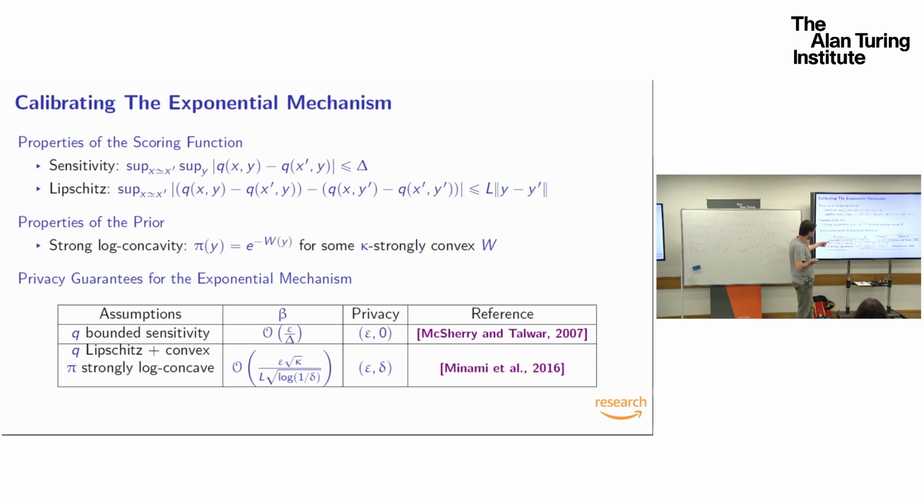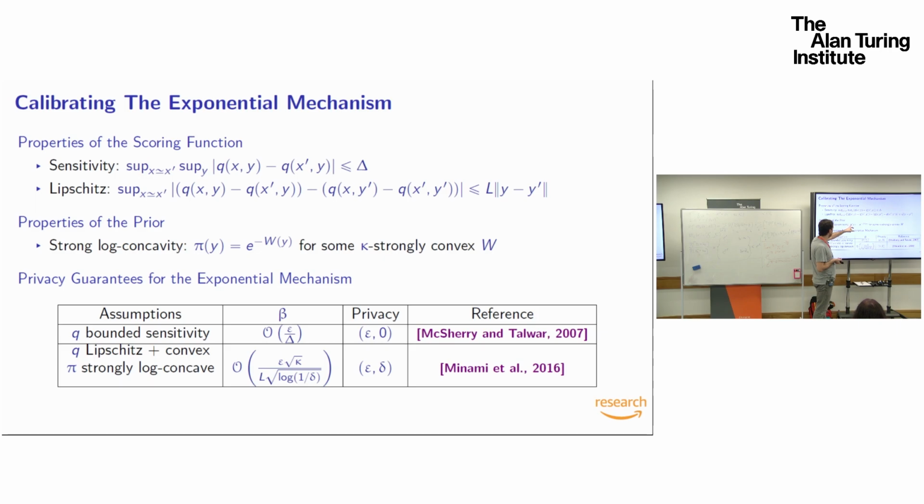So if you satisfy this Lipschitz assumption, and in addition, your Q is convex. In their analysis, the output has to be in a Euclidean space, but I think you can extend the proof, but that's another story. And your prior is strongly log concave, which is a kind of strong requirement on the prior, but it's not so strange because, for example, a Gaussian prior would satisfy this.